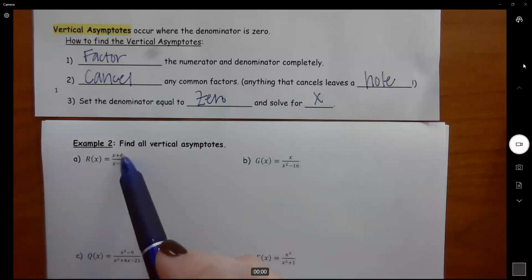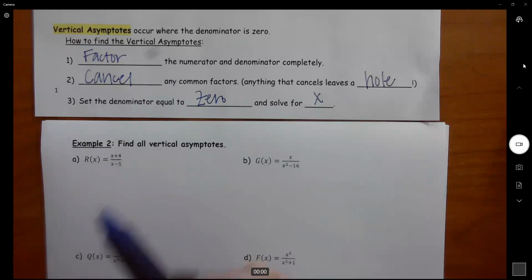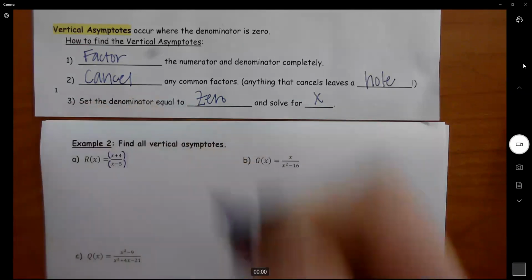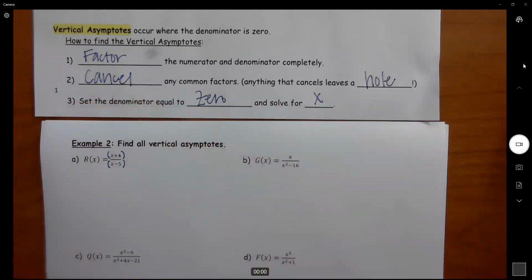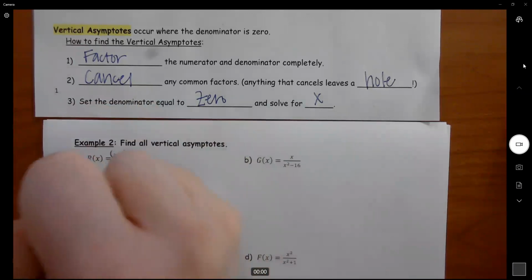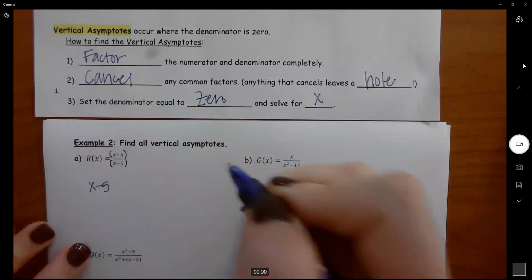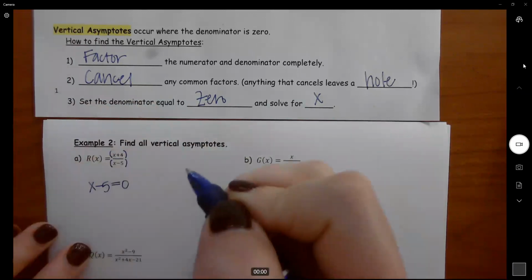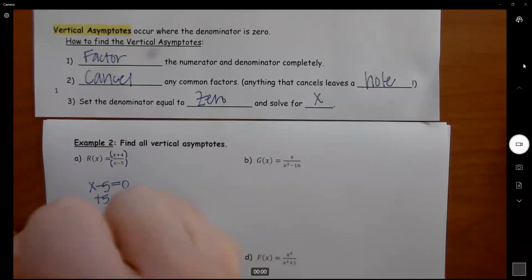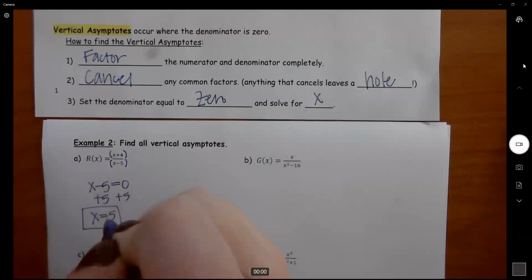You have an x plus 4 in the top and an x minus 5 in the bottom, so those don't cancel. These are grouped together, so either everything cancels or nothing cancels, and you can't just cancel x's there. So we start on step 3. We set the denominator, x minus 5, equal to 0 and solve for x. We add our 5 over and get x equals 5. This is my vertical asymptote.